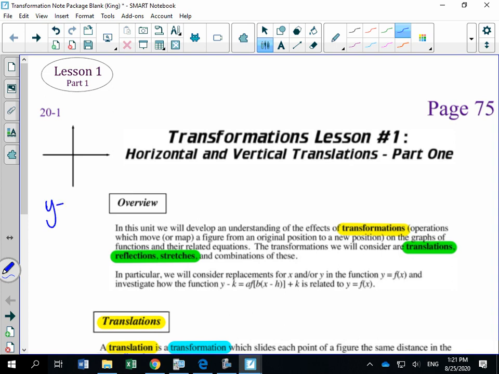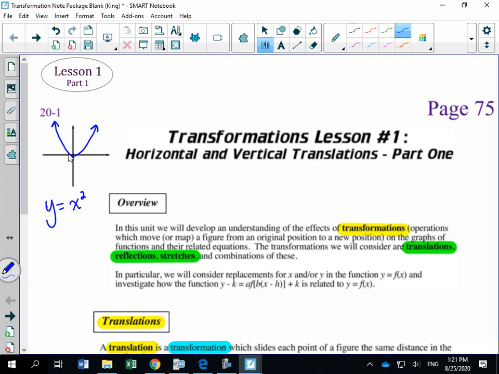So in 20-1, we dealt with 2 units on quadratics. A quadratic is a function written in the form y is equal to x squared, and that was a parabola. And then what we did with transformations in 20-1 is we took this parabola and we moved it up or down. So we translated it up, translated it down, moved it left, moved it right, we reflected it, and we even stretched it.